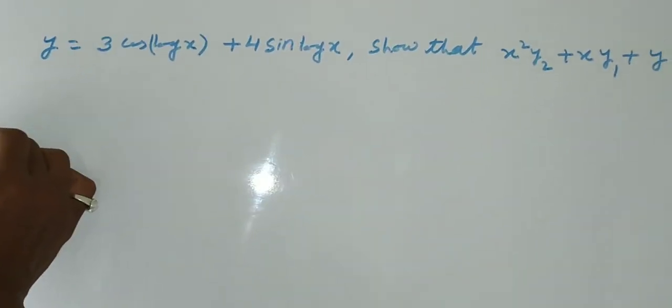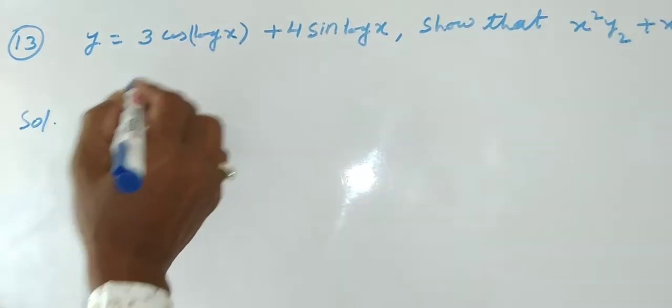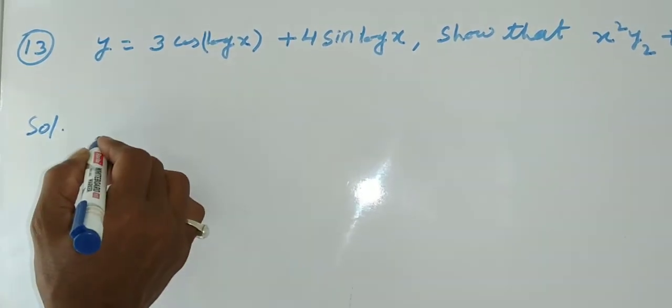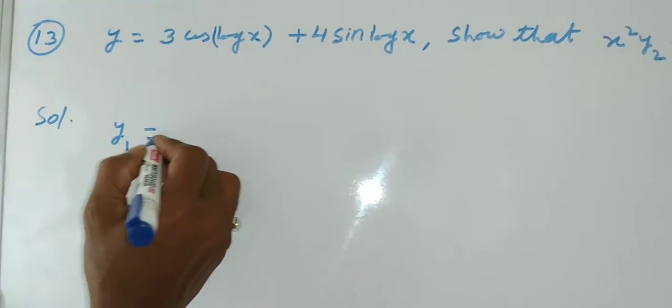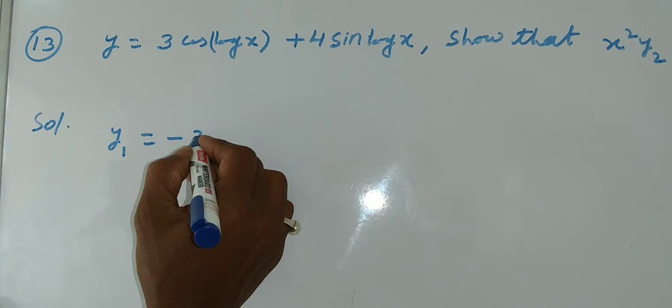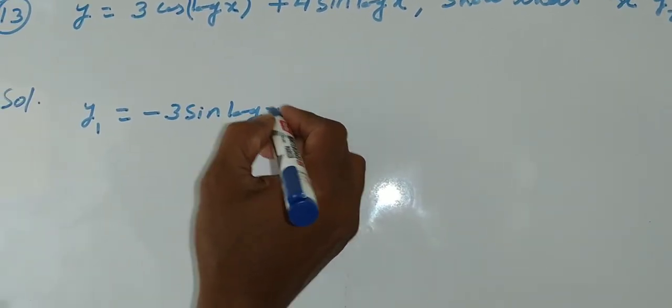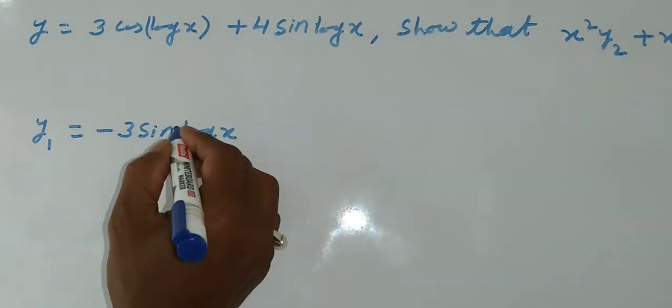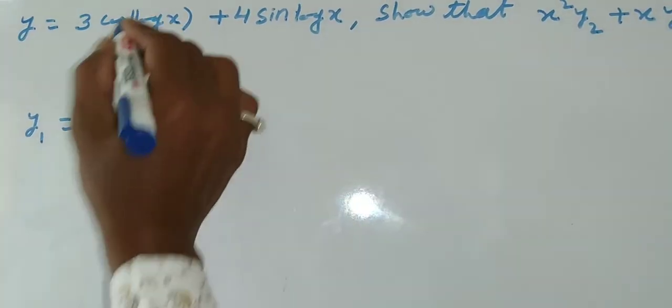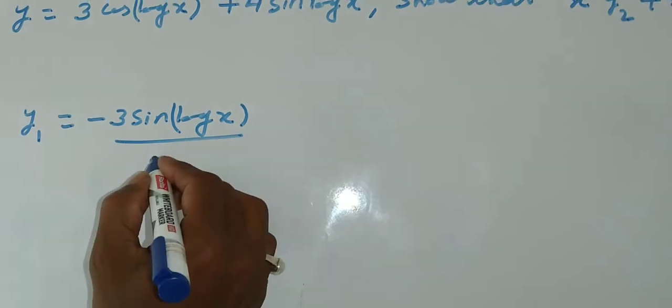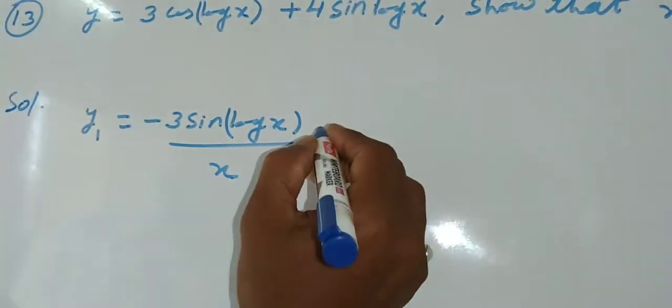First, differentiating both sides with respect to x, y1 equals minus 3 sin log x, since the derivative of cos x is minus sin x, and now the derivative of log x is 1 by x.